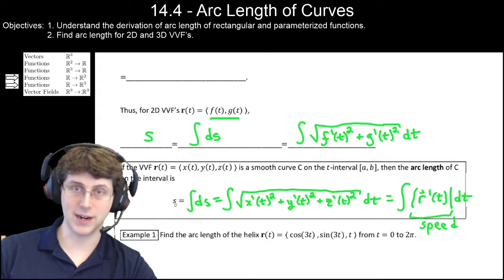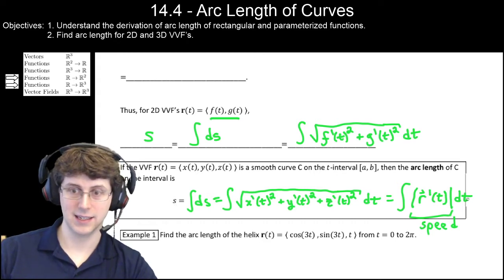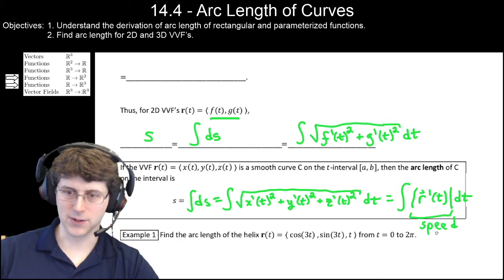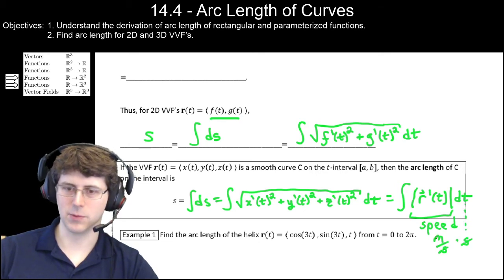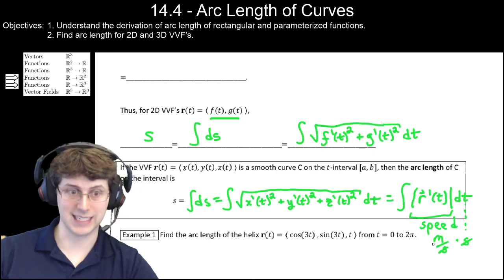Again, the distance traveled is the integral of the speed dt. Let's make sure the units work out. Speed you might think of as being measured in meters per second, and then time, dt, is measured in seconds. So yeah, you end up with meters, which is something you would think of as a distance.